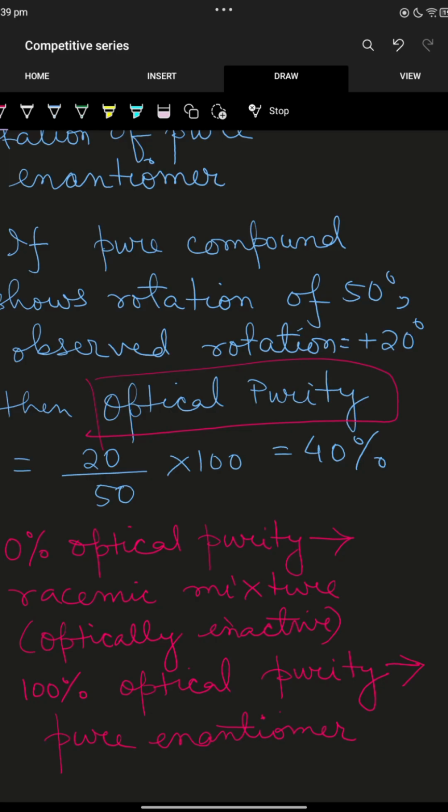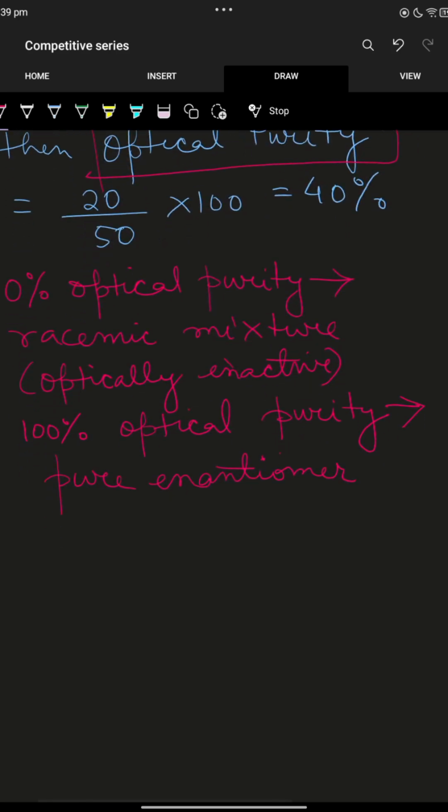So 20 by 50 into 100, expressed in percentage. Now, if it is 0% optical purity, that means it is again a racemic mixture and it will be optically inactive. And 100% optical purity means it has a pure enantiomer.